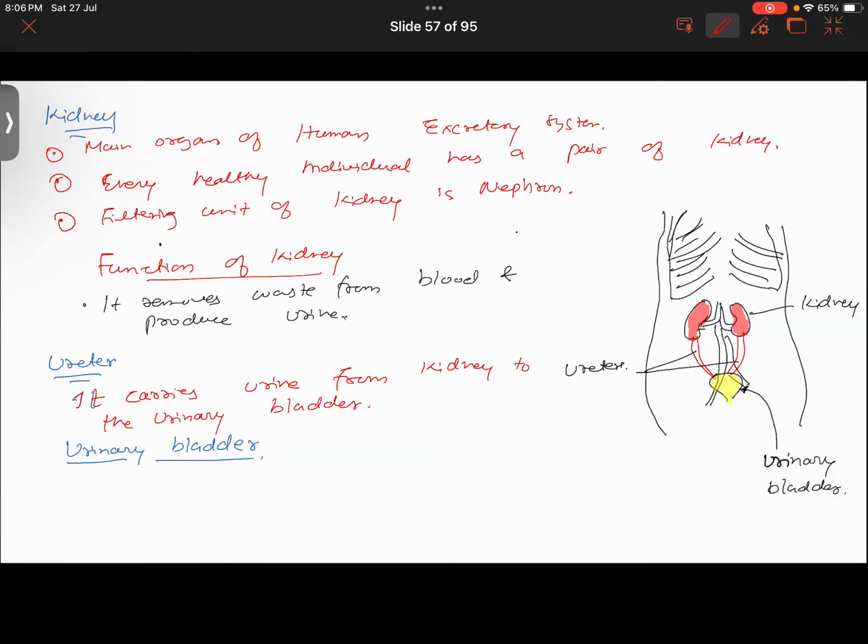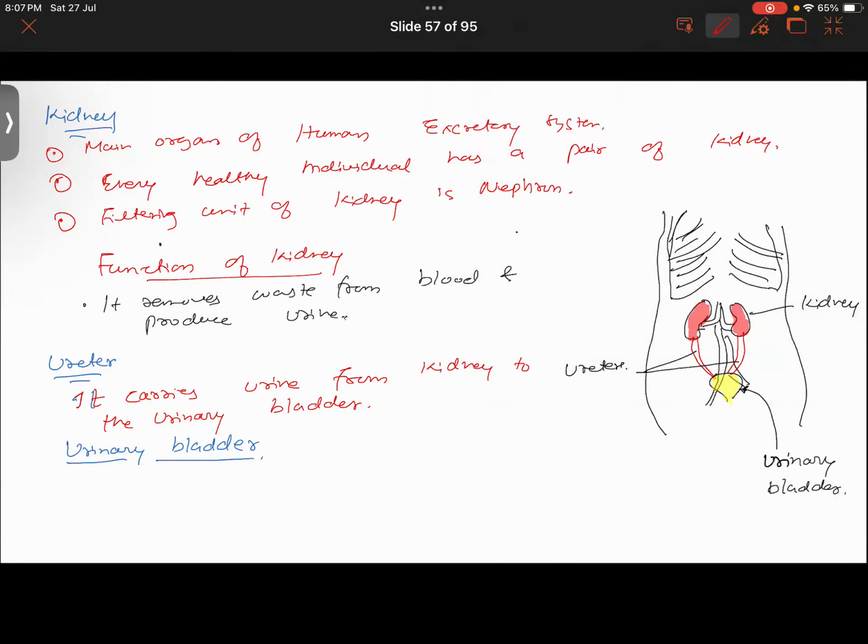Now look at this yellow structure, this bag-like or sac-like structure. It would be storing the urine, right? Until we expel the urine from the body, for a temporary period of time, the urine is stored in this.